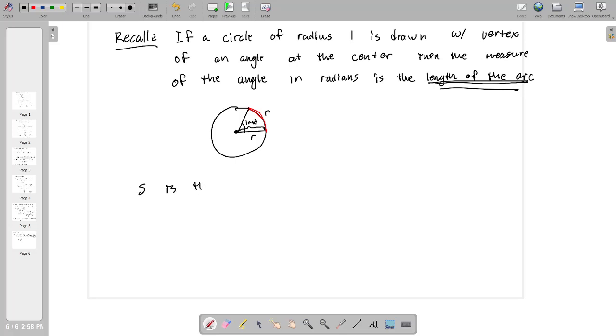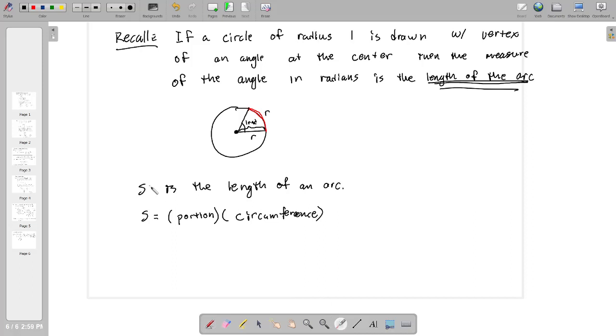So let's let S be the length of an arc. If we think about S as the length of a circular arc, we can say that we really only want a portion of the circle. And then we multiply that portion by the circumference of the circle to get the length of a circular arc. So S will equal the portion of the circle times the circumference of that circle.